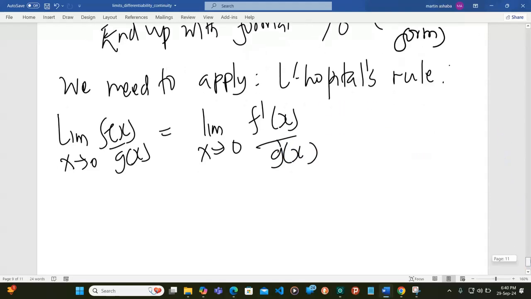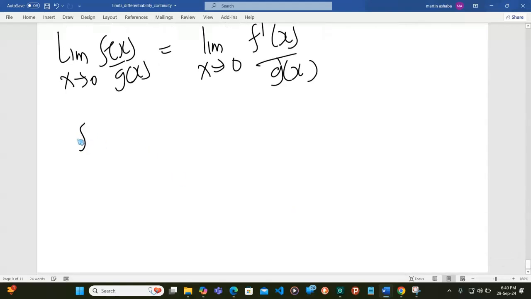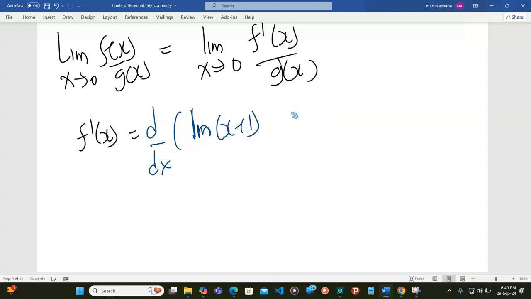So what we do, we look for f prime of x. f of x, we are taking it to be the natural logarithm of 1 plus x. So we are differentiating with respect to x the natural logarithm of x plus 1. And what is that going to be?